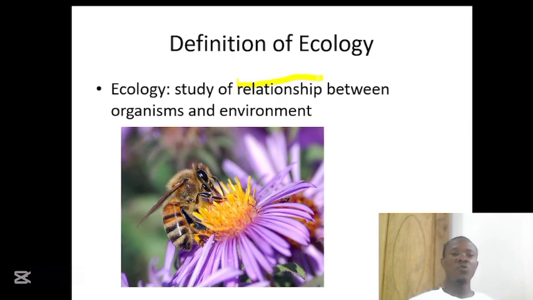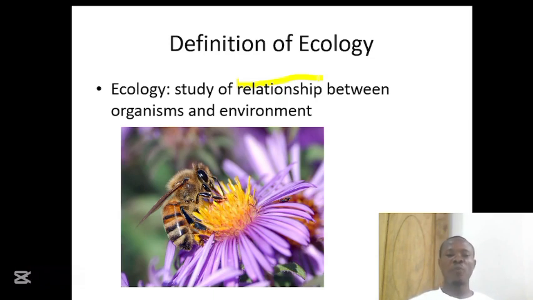We make use of the oxygen and give out carbon dioxide. They make use of the carbon dioxide and give out oxygen. So we have a positive relationship with plants, and this is how living organisms interact with their environment.